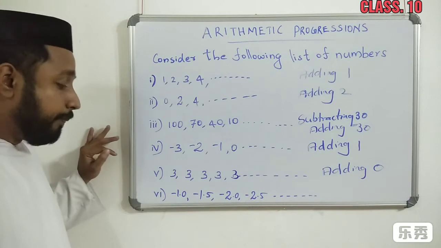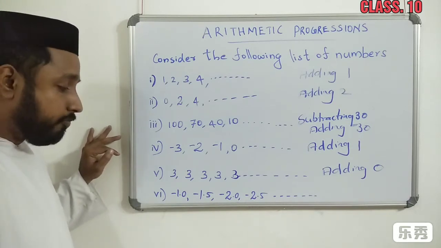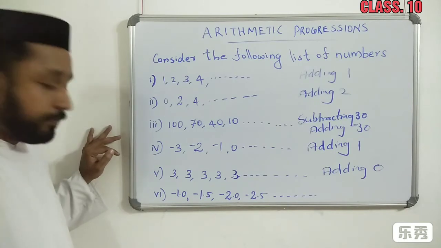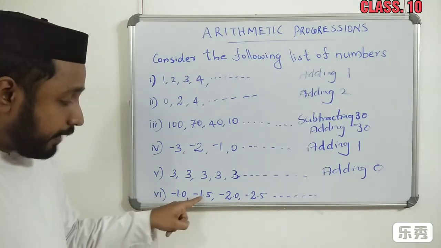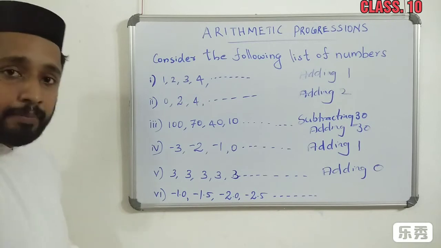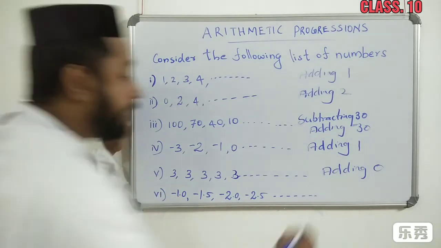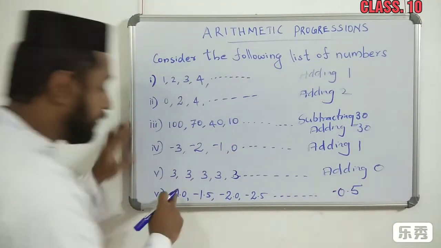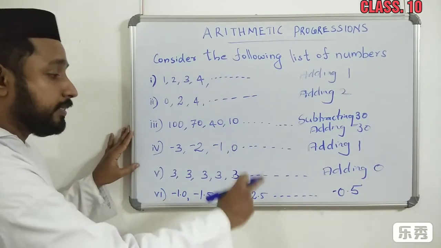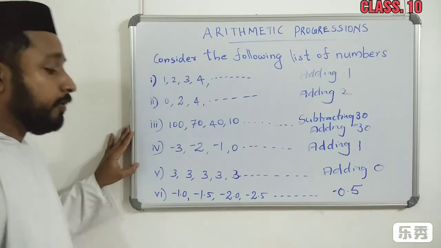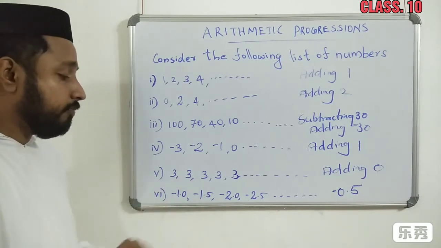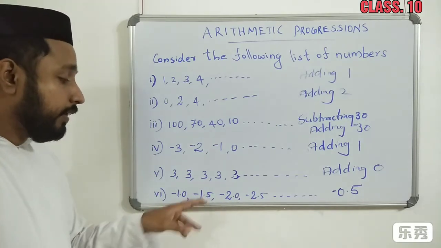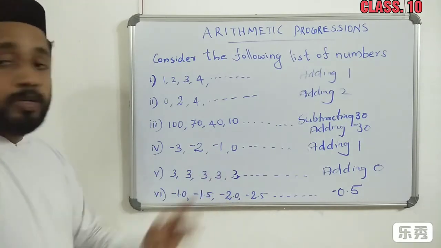Here, minus 1.0, minus 1.5, minus 2.0, minus 2.5, etc. Which number is being added? We are adding minus 0.5. Minus 1 plus minus 0.5, we get minus 1.5, and minus 1.5 plus minus 0.5, we get minus 2, and so on.